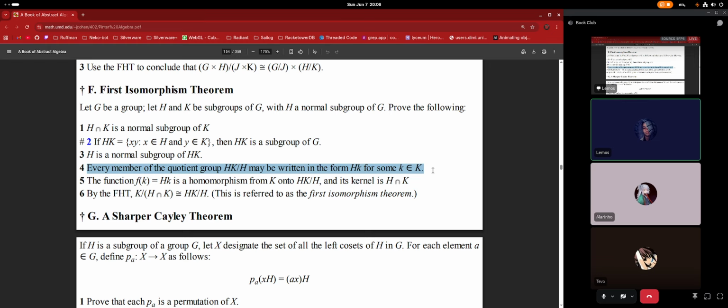Yeah, but what about the kernel thing at the end there? How do you know the kernel is going to be the intersection?